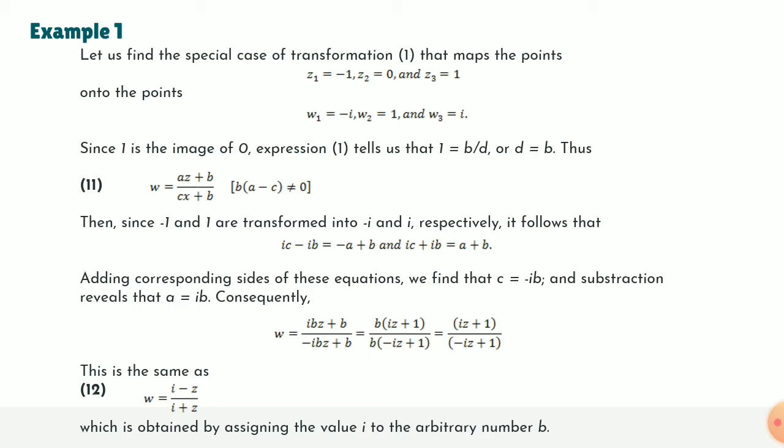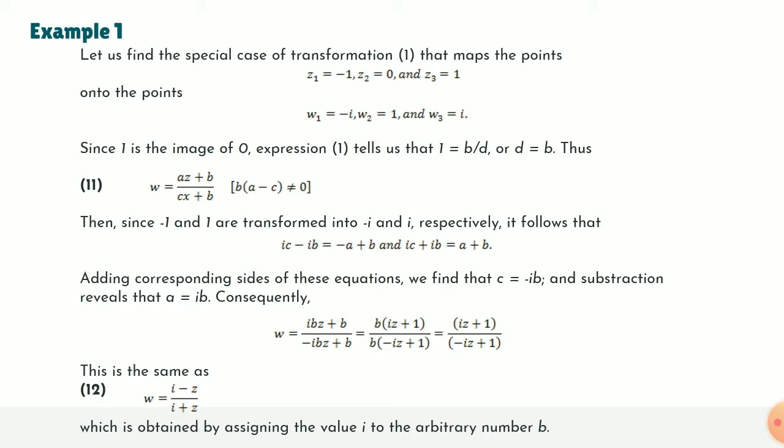Since 1 is the image of 0, expression 1 tells us that 1 is equal to b over d, or d equals b. Thus, w equals (az + b) over (cz + b), where bc minus... ad minus bc is not equal to 0.